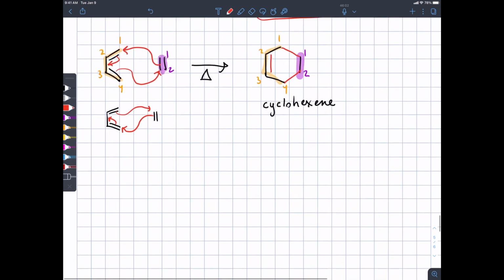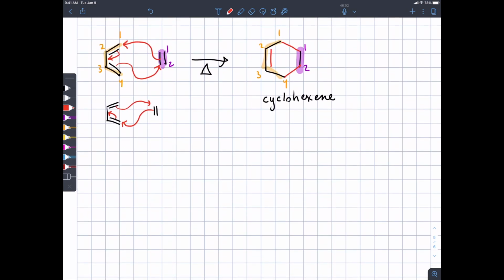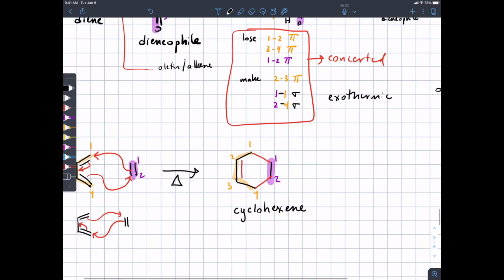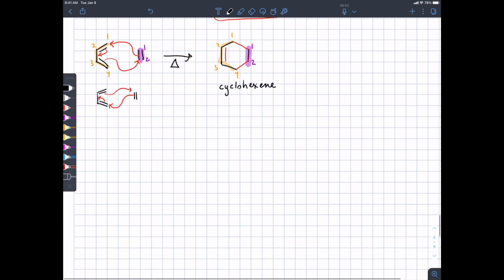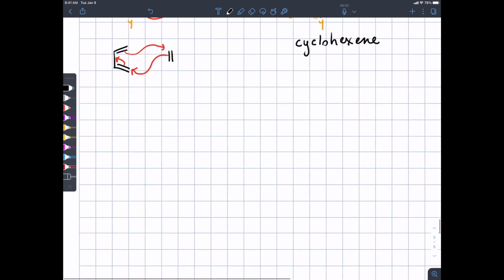Okay? So let's just do this simple example, and we're going to just remind ourselves briefly of the butadiene, or the diene, pi molecular orbitals, and then we're going to remind ourselves briefly of the molecular orbitals of our alkene or olefin.